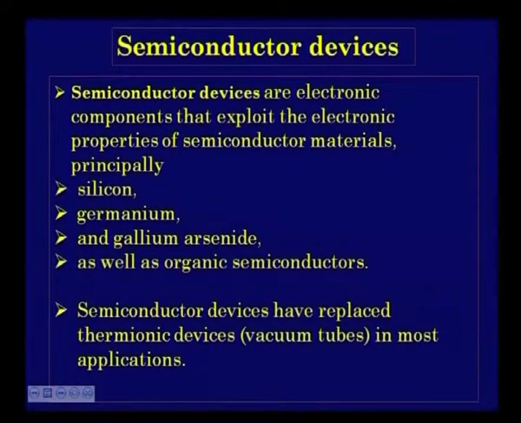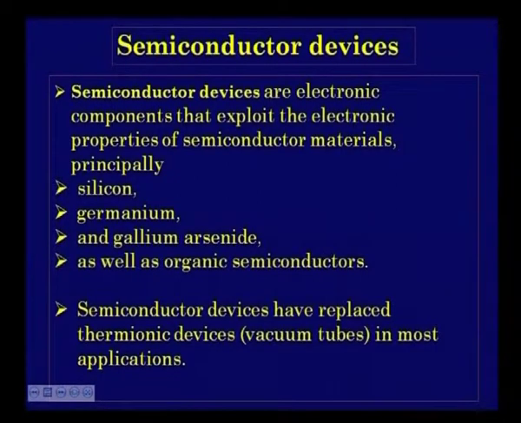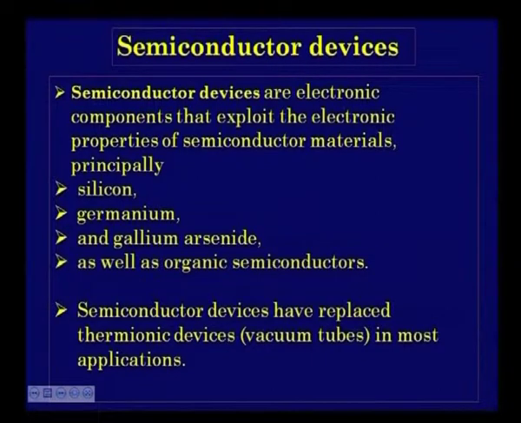Now, let us spend some time on semiconductor devices. What are the devices which you come across? Semiconductor devices are electronic components that exploit the electronic properties of semiconductor materials. Exploiting what property?